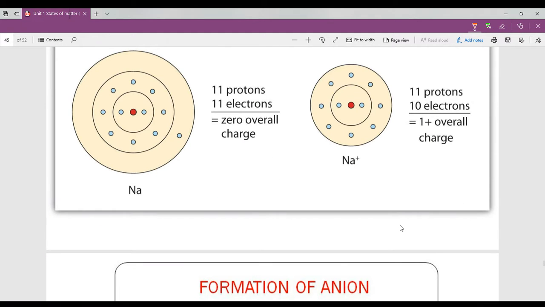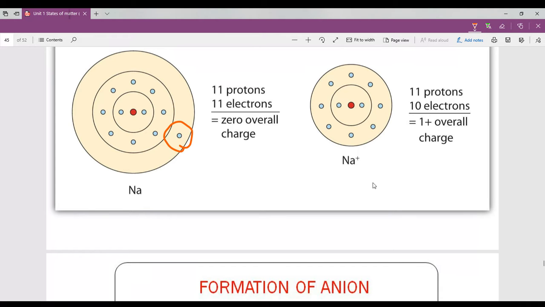Okay, for something like sodium, okay, look at your periodic table. You can see sodium will have 11 protons, and then in the neutral state, you will have also 11 electrons. So the net charge will be equal to 0. So now, sometimes when sodium loses the electron, usually it like to lose this one electron that's far away from the nucleus, which we call valence electron.